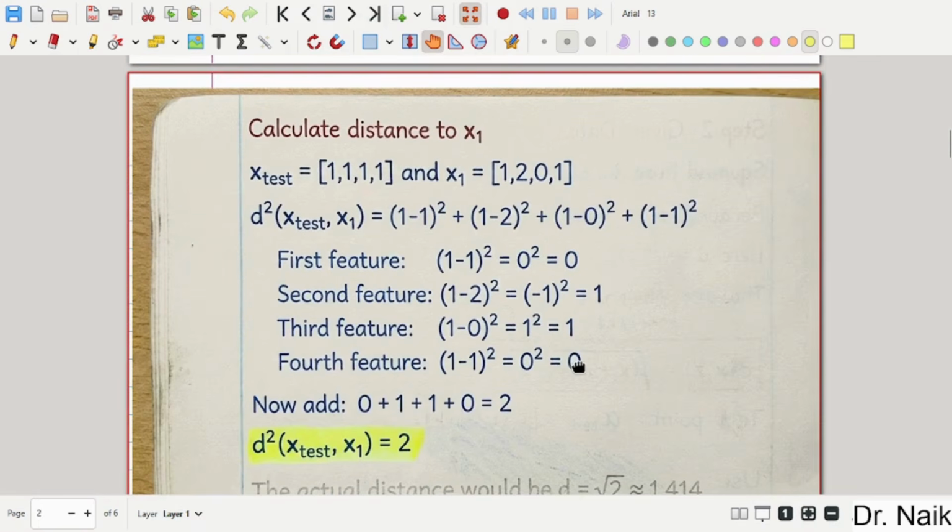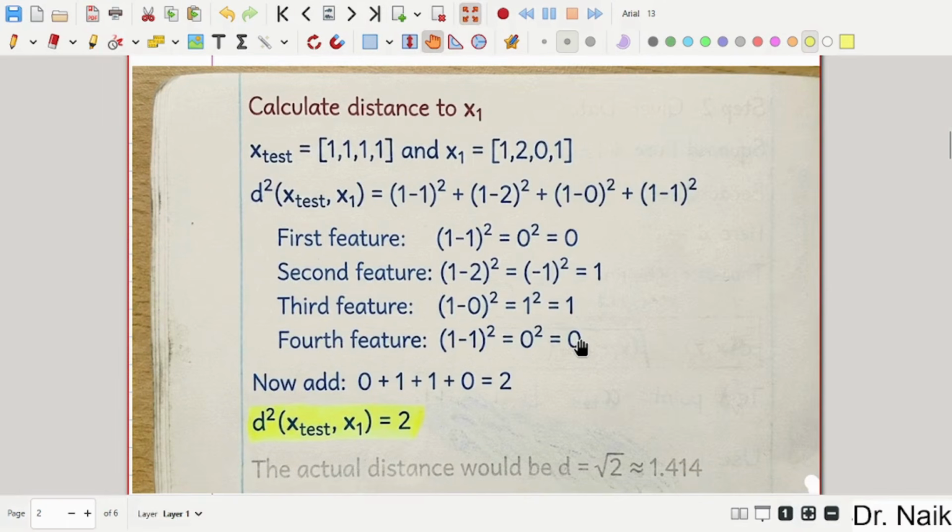Let's calculate the distance between the test point and the x1 point. d square of x test and x1 is (1 minus 1) square plus (1 minus 2) square plus (1 minus 0) square plus (1 minus 1) square. 1 minus 1 square is 0. 1 minus 2 is minus 1, and minus 1 square is 1. 1 minus 0 is 1, and 1 square is 1. 1 minus 1 square is 0.